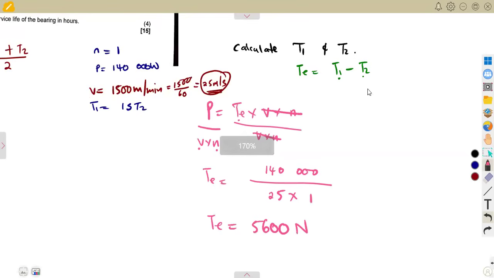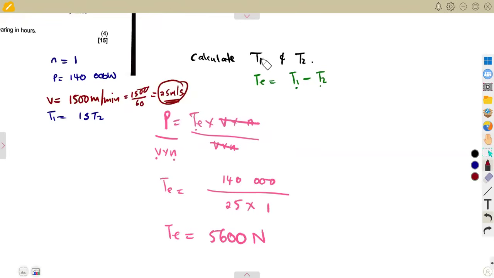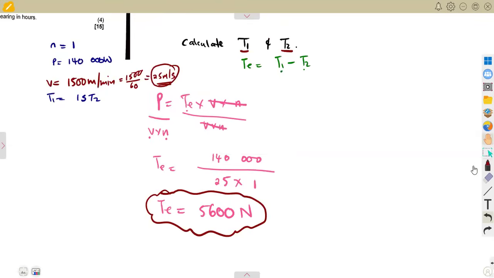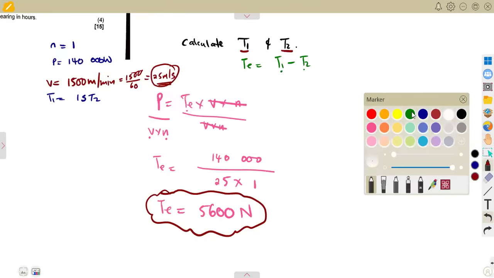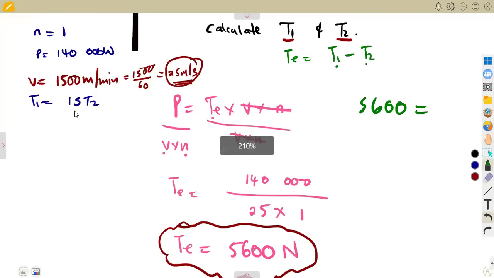Remember, we want to calculate T1 and T2. That is the major part of this. Now that we have the effective tension, let us substitute, because the effective tension is equal to T1 minus T2. So 5,600 is equal to T1 minus T2, and we are given that T1 is equal to 15 T2.